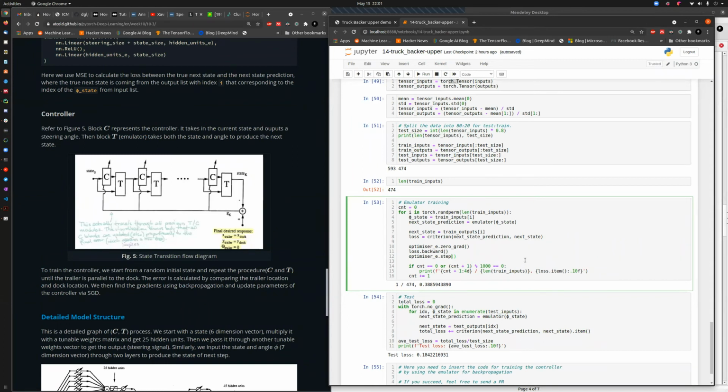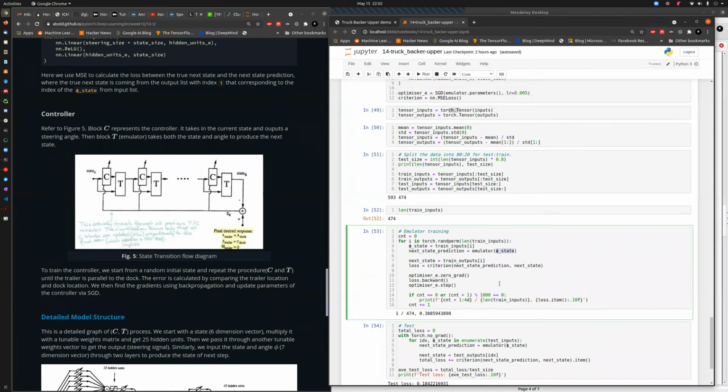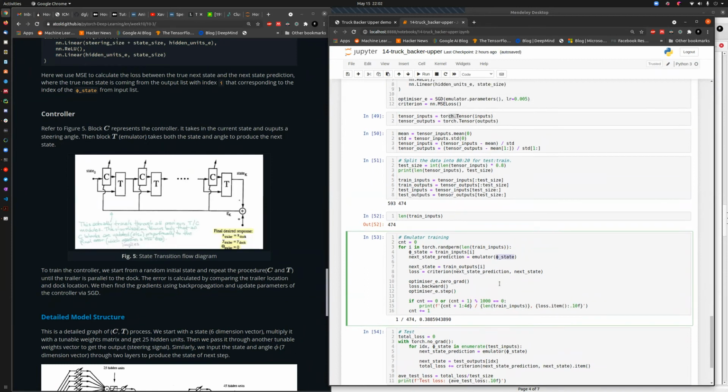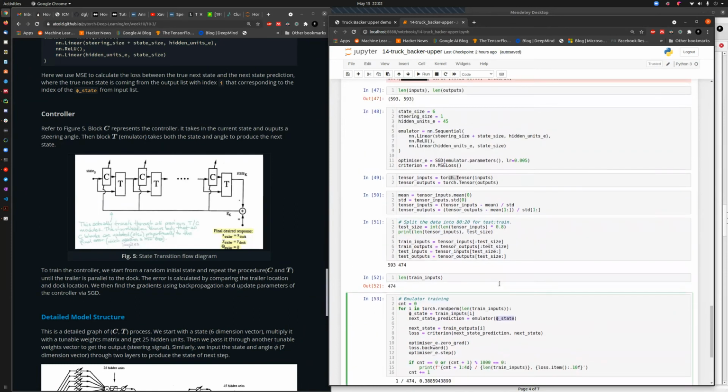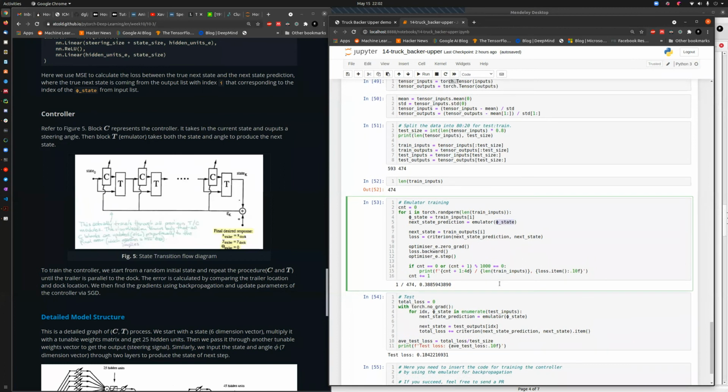Isn't the angle an input, the steering angle that you give? That can change at each time step, right? That of course changes at every time step, because of the control that we apply.